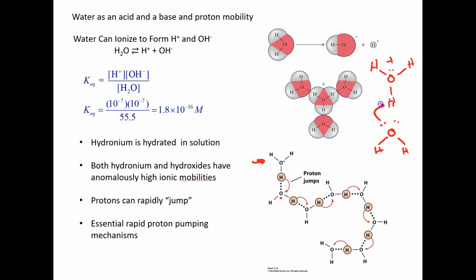The water's lone pair can grab that proton, pushing these electrons to the oxygen, satisfying that positive charge. We have a nice sequence of steps here. And this is reversible, so I should have a double-sided arrow. And then this first compound, this guy over here, is now just a water.